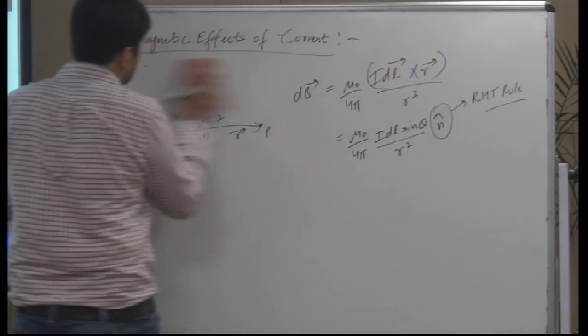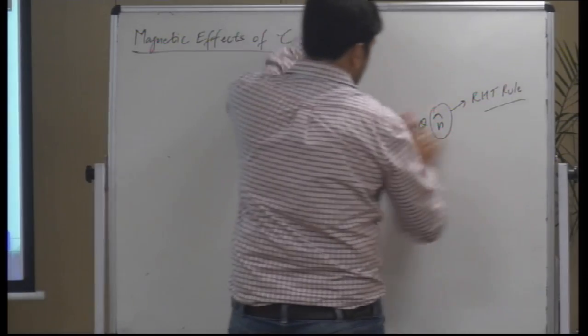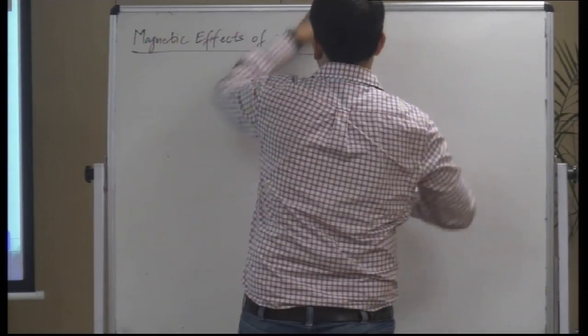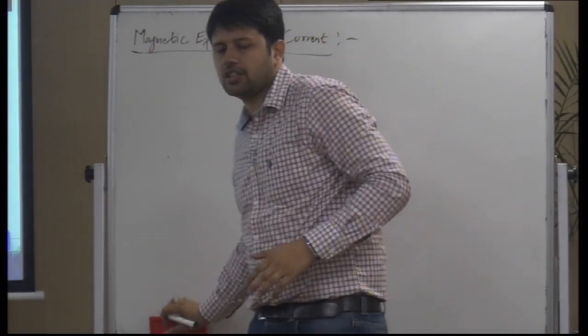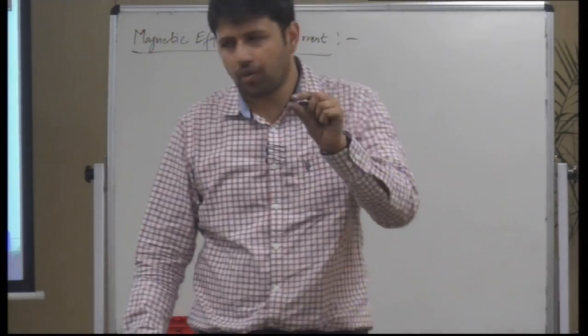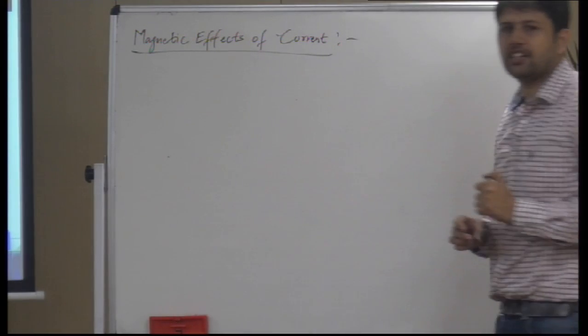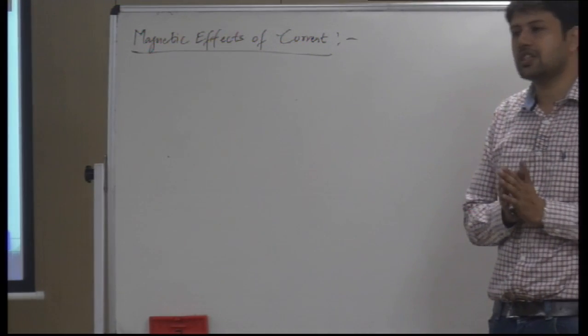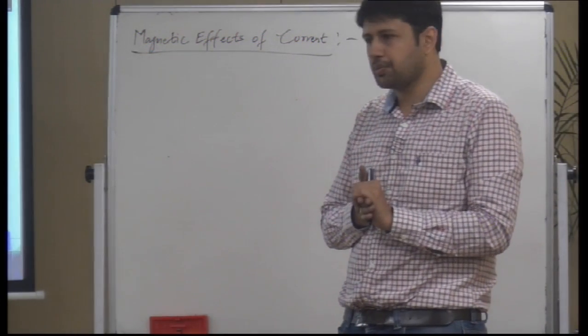Now straight away we come to its applications. So by the way, this Biot-Savart law is actually valid for a small element. Okay, if you want to find the magnetic field due to a larger element, what you need to do is you need to use the superposition principle. Do you remember the superposition principle?